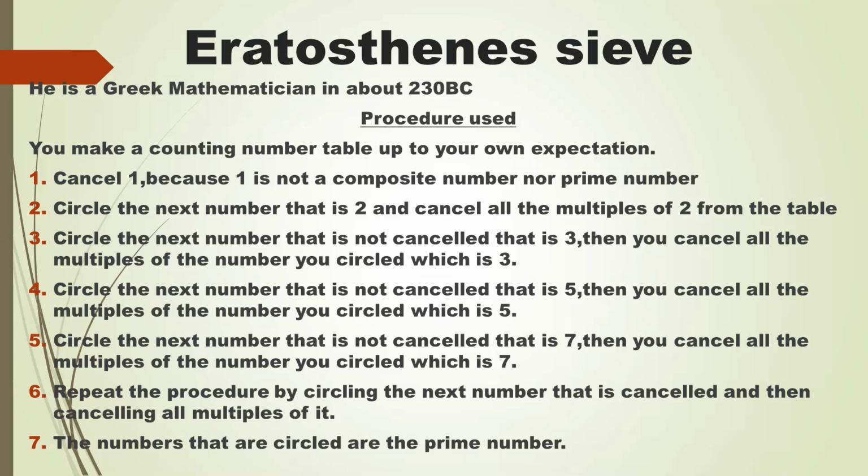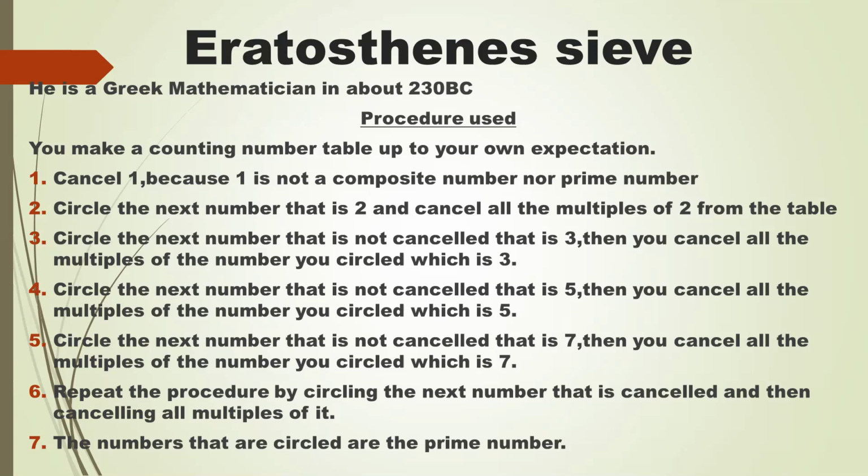Prime numbers are numbers with exactly 2 factors, 1 and the number itself. Composite numbers are numbers with more than 2 factors. So the first thing you have to do is cancel one from your listed numbers.